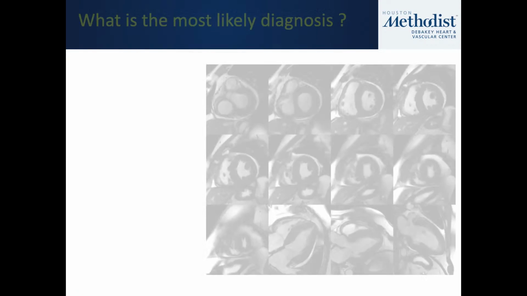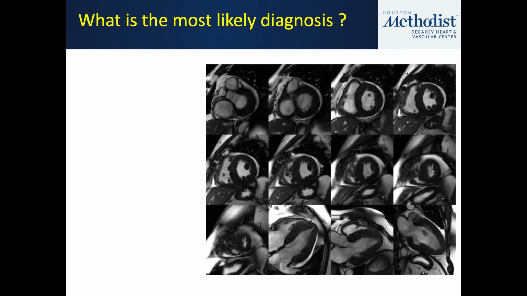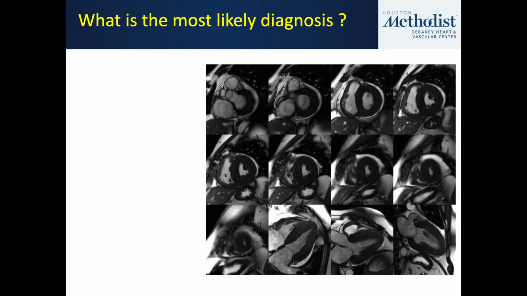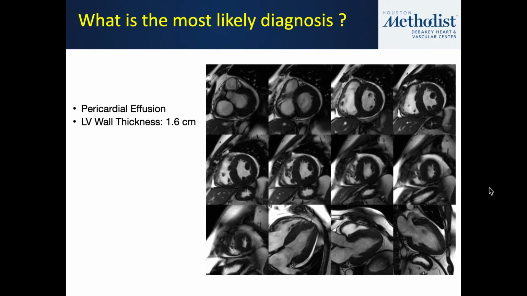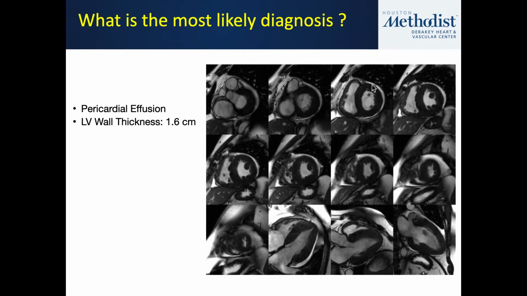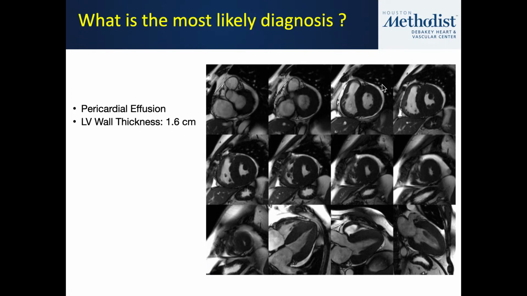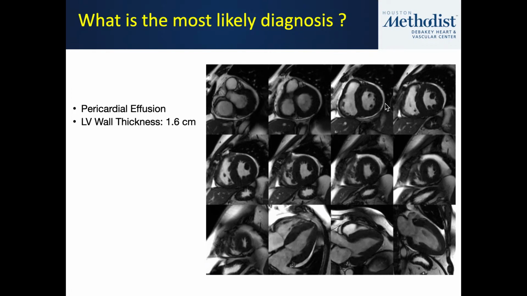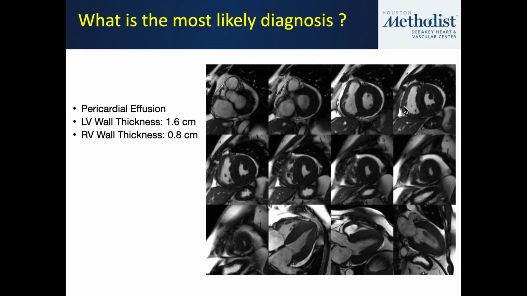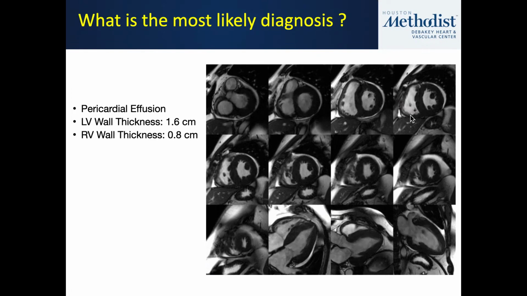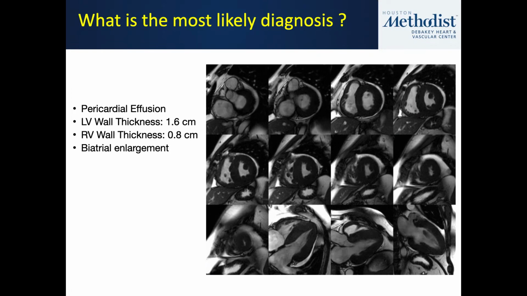So let me move on next to the infiltrative cardiomyopathies. And so here's a patient. When we look at the Cine images, we notice several interesting findings. One is there's a small pericardial effusion. There is increased LV wall thickness, which measures about 1.6 centimeters. Notice if we look at the right ventricle, there's also increased wall thickness of the RV as well, which in this case measured about 0.7 to 0.8 centimeters.